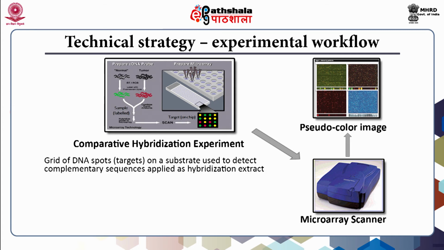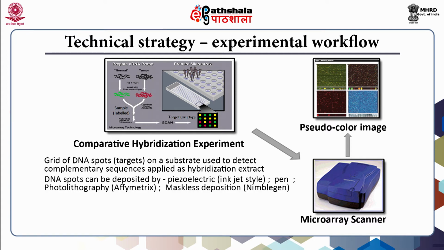Microarray is a grid of DNA spots on a substrate that is used to detect the complementary sequences applied as hybridization extracts. DNA spots can be deposited by various methods, which are contact based or non-contact based methods, for example, piezoelectric or inkjet style printing, photolithography, which involves photolithographic masked nucleotides to be deposited in situ on the chip, and maskless deposition.